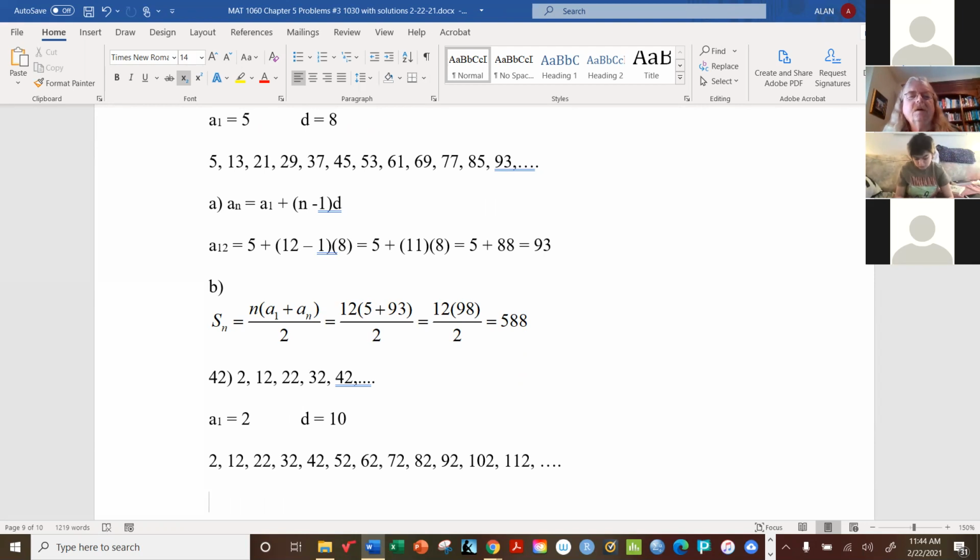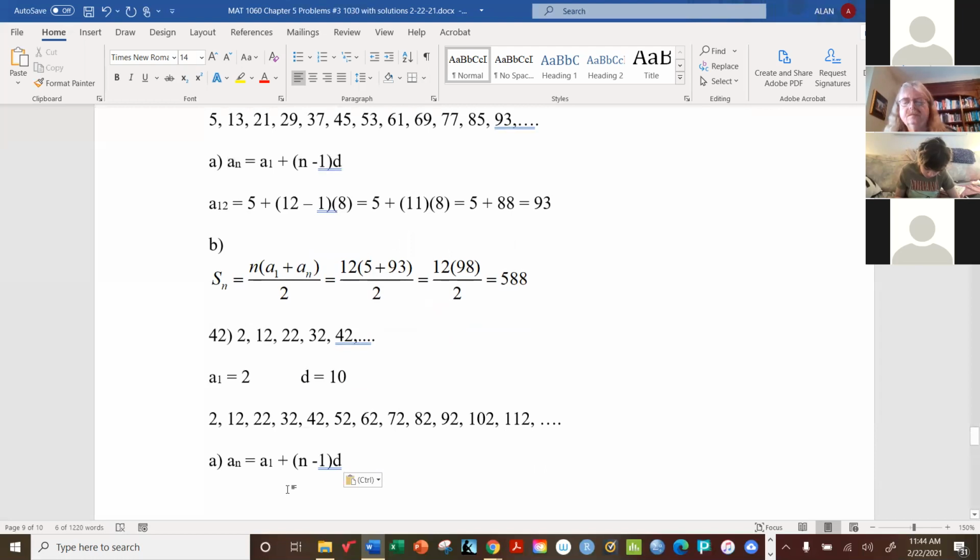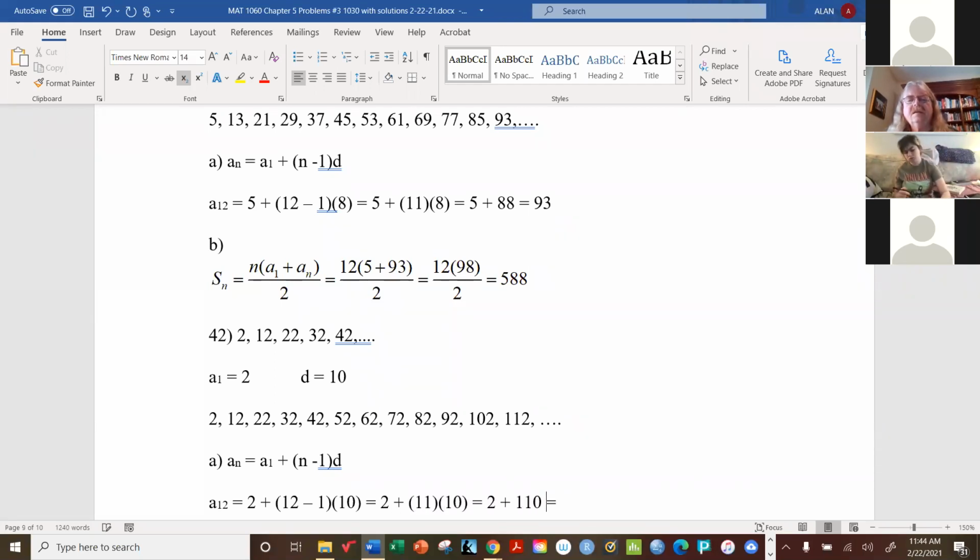And so therefore, let's try and apply this formula to prove that the 12th term is in fact 112. Two plus 12 minus 1 times 10 is 2 plus 11 times 10 equals 2 plus 110, 112.